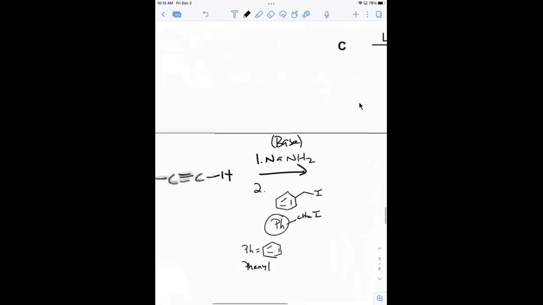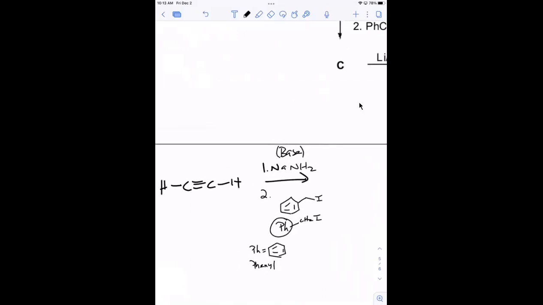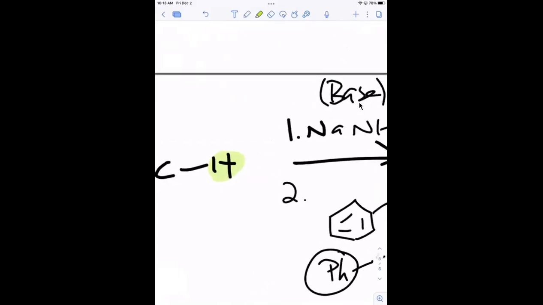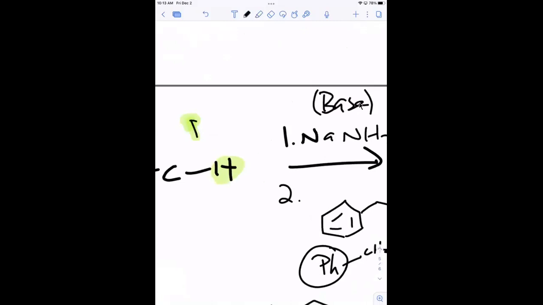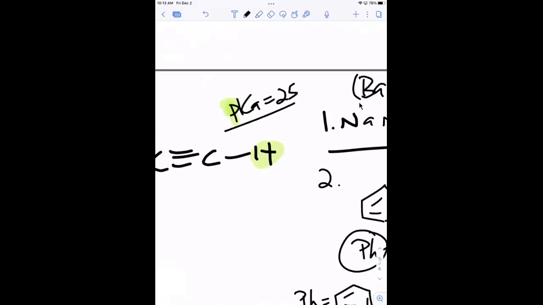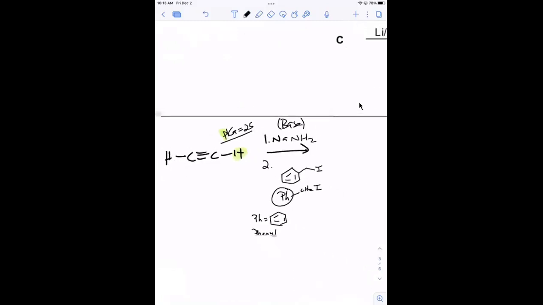So in the first step, this sodium amide is a base. And remember the other day we talked about the acetylenic proton having a pKa of about 25. So a strong base can pull that off. And that's exactly what happens.